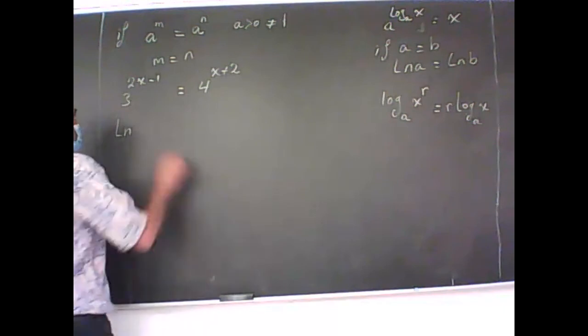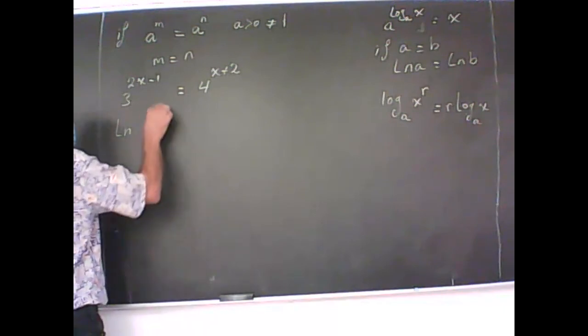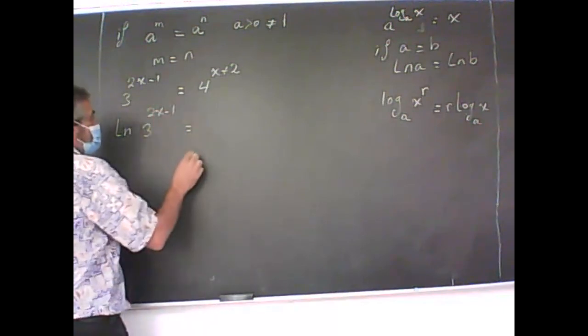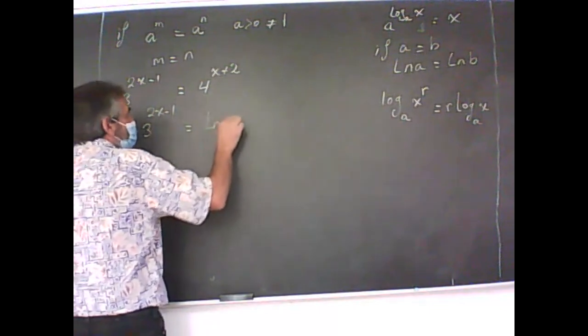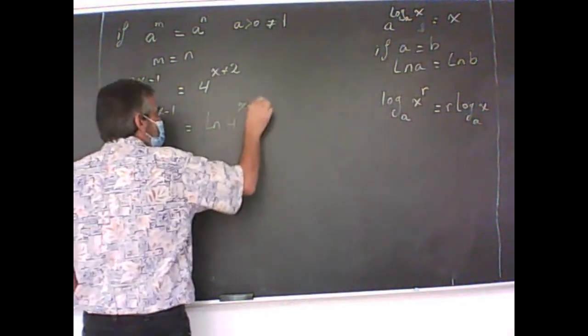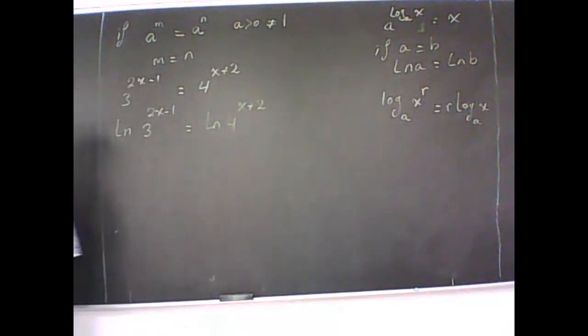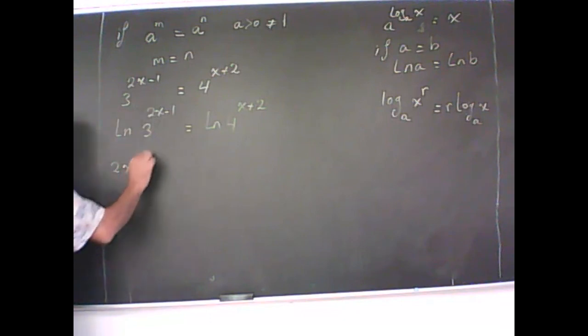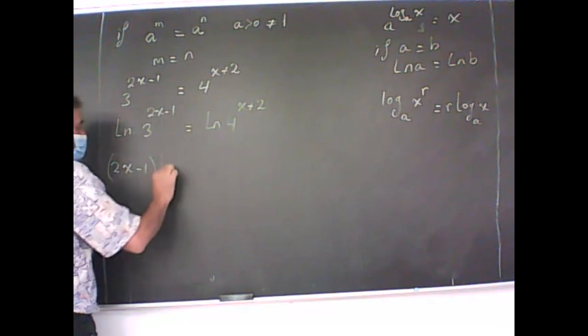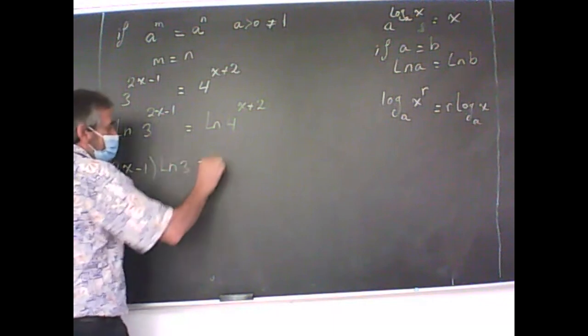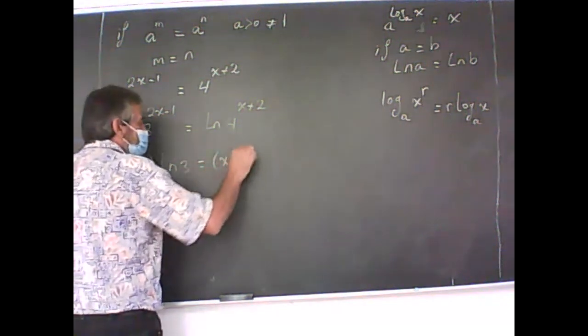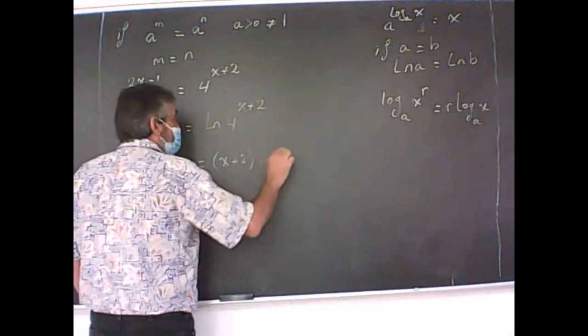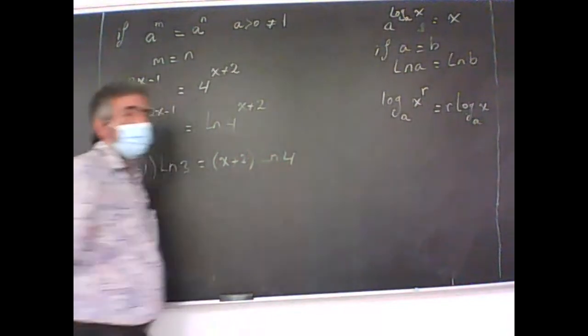Same thing: ln of 3 to the power 2x minus 1 equals ln of 4 to the power x plus 2. Now, let's bring these to the front. So 2x minus 1 times ln of 3 equals x plus 2 times ln of 4.